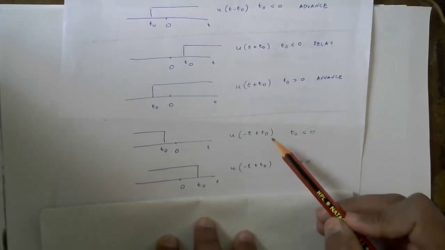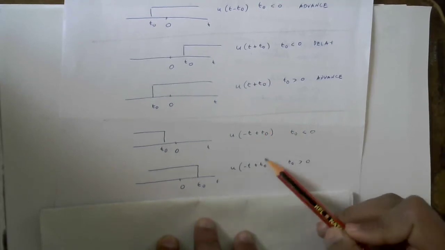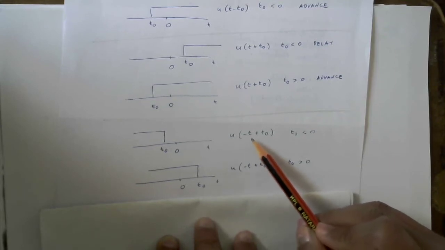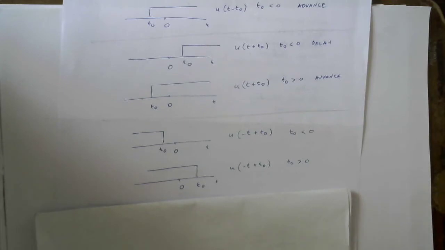Okay, we are particularly interested in this particular form. That is, we are going to say a time shift in the form minus t plus t naught. We are looking at a time shift in this particular form.